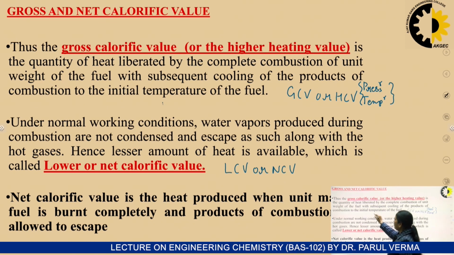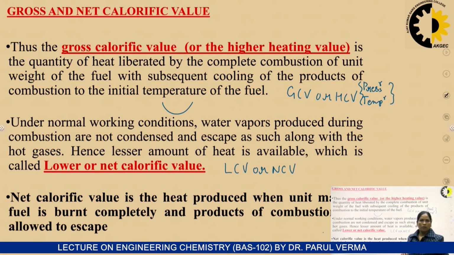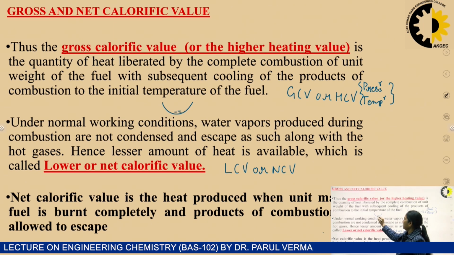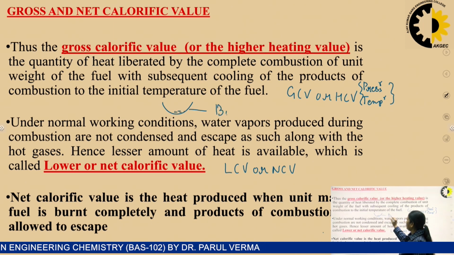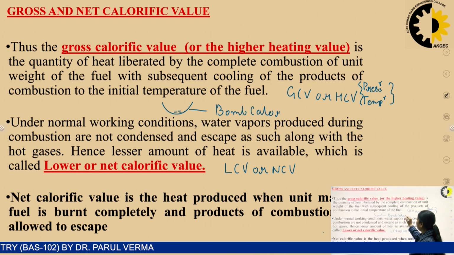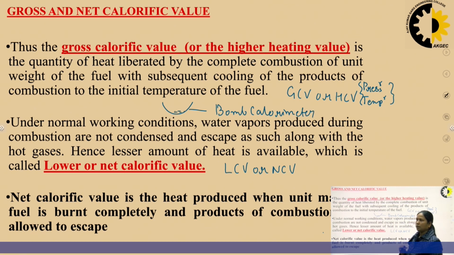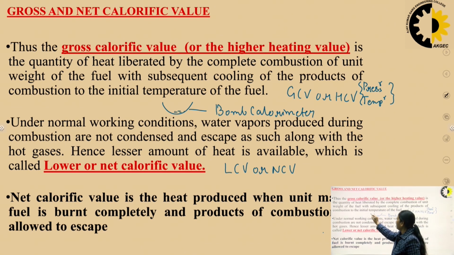We can take the example that we are heating the fuel in a bomb calorimeter under high pressure and high temperature. The fuel is getting vaporized and it has a lid. The vapors which form during this process get condensed.